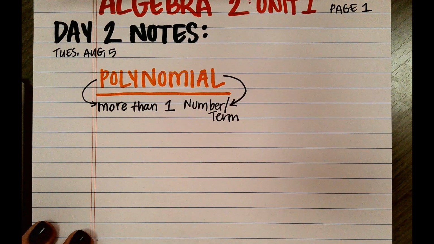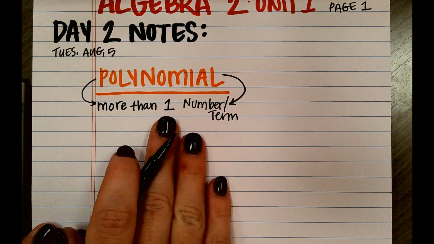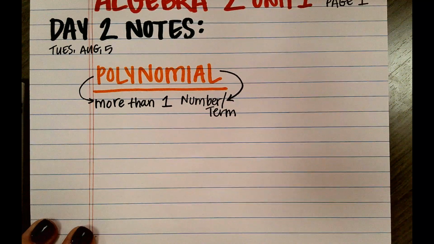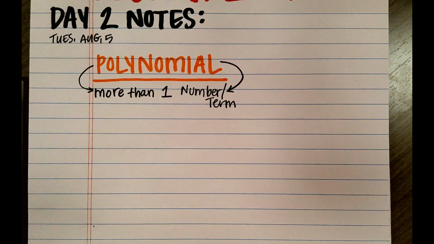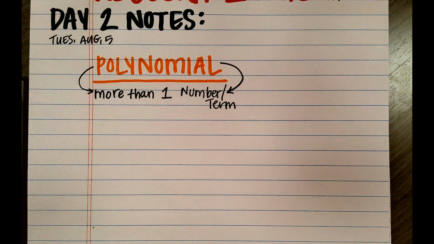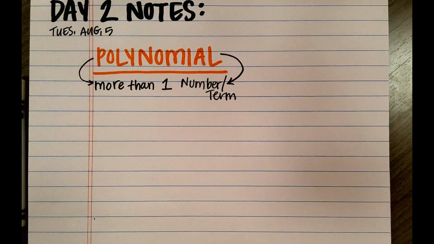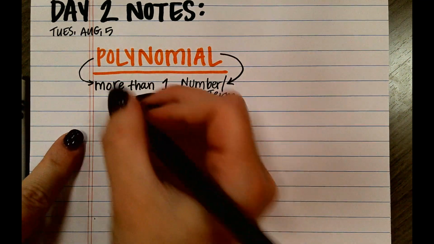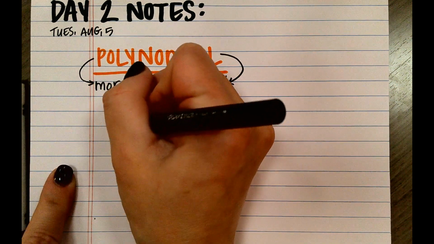So, the polynomials we will be working with today don't have 2 terms like a binomial. They're going to have 3 terms. And I am going to write out an example of one of these polynomials. They look like this.